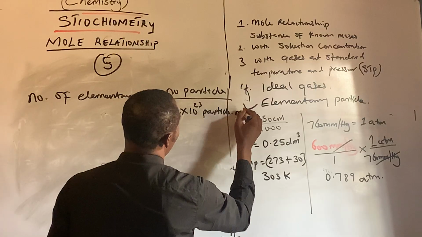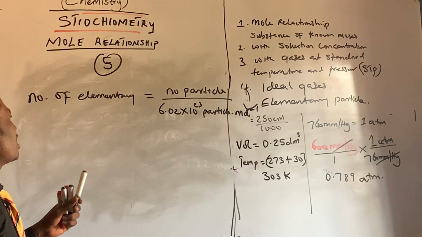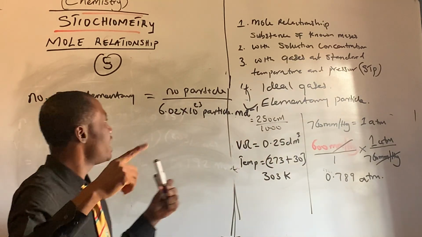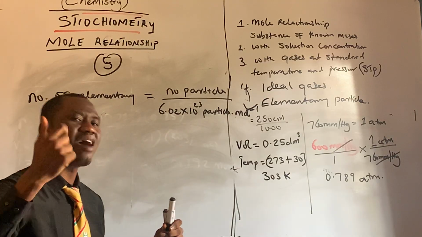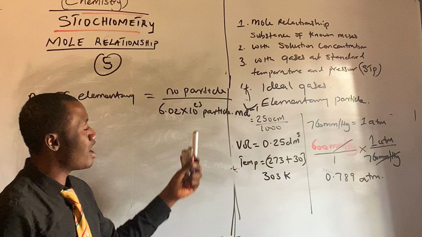So the number of mole in elementary particles is simply the number of elementary particles divided by the Avogadro number.